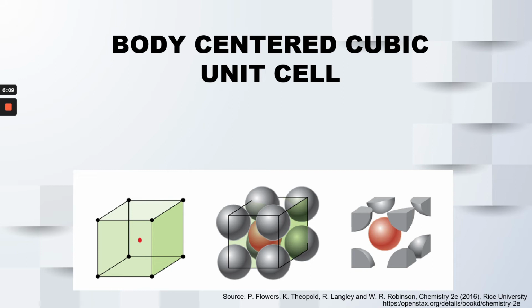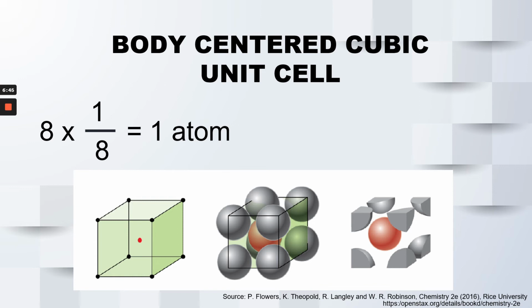So a body-centered cubic unit cell contains, first we calculate like what we calculated in the simple cubic unit cell. For the atoms at the corners, we have 8 times 1/8, because we have 8 corners, so we have 1 atom at the corners.